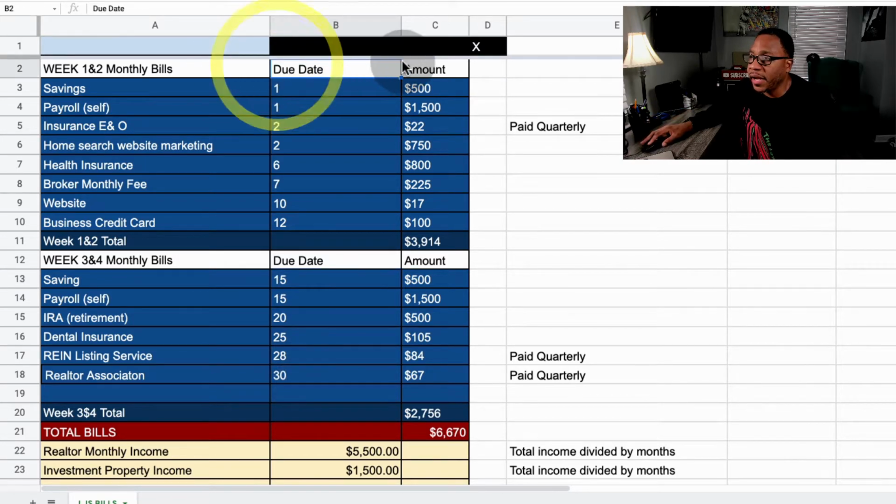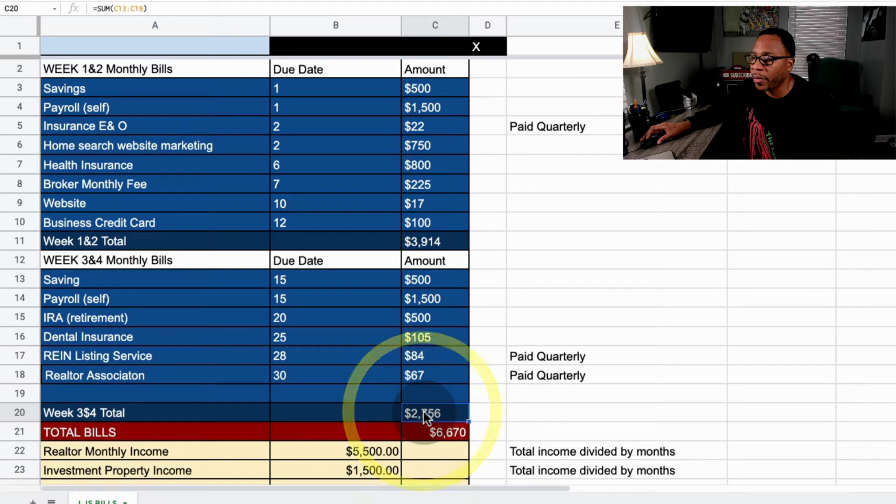I have the due date here. I have the amount here. And then I have the total for week 1 and 2. I have the total for week 3 and 4. And then these two total up here for my total monthly bills.